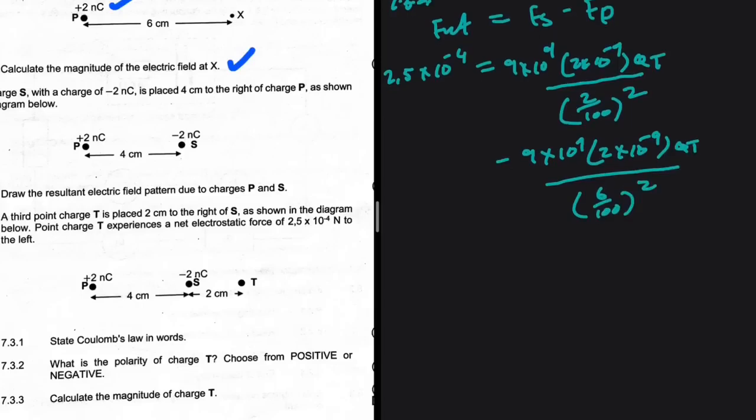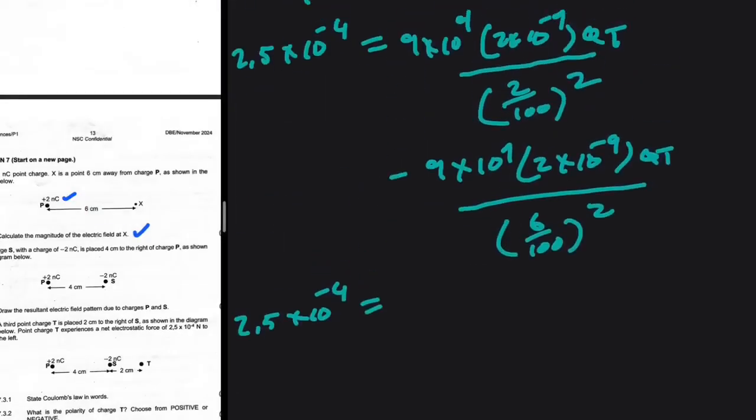So if we take Qt as a common factor on the right hand side, we're going to have 2.5 times 10 to the minus 4 being equal to, let me just make this a little bit bigger, right, Qt as a common factor.